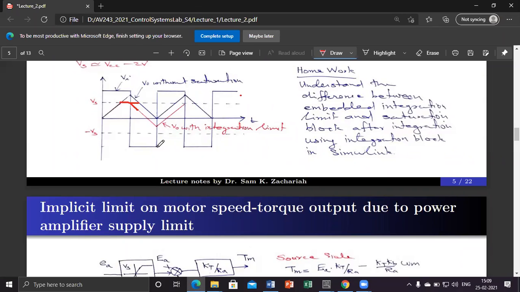Simulink model is better, I think, sir. I think the second one is better. Second one, what do you mean, this one? The saturation block after the integrator in Simulink? Not this one, the above one. The above one, this one is better. Sorry, the below one is better. The below one is better.